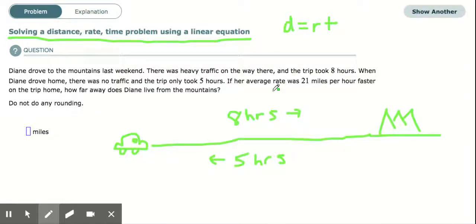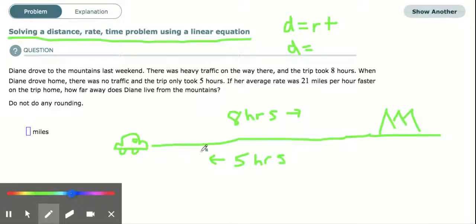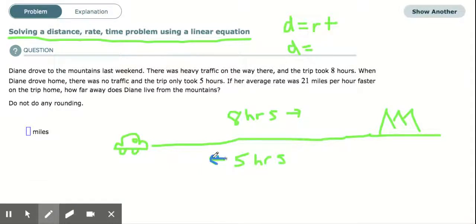So what we're going to do is we're going to use this rate times time and make these equal to each other since the distance is equal, right? If the distance is equal, then we could also say that the rate times time are equal. Let's go ahead and show this in another color. So let's say her way back was in blue.